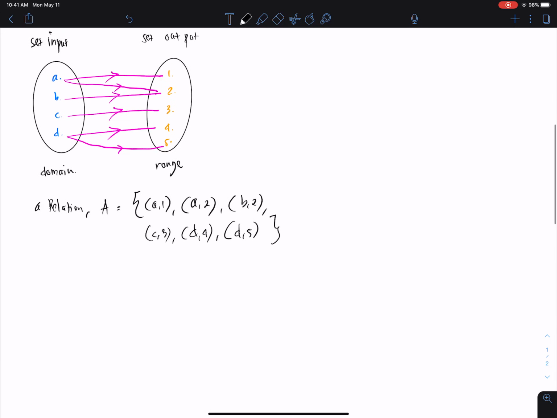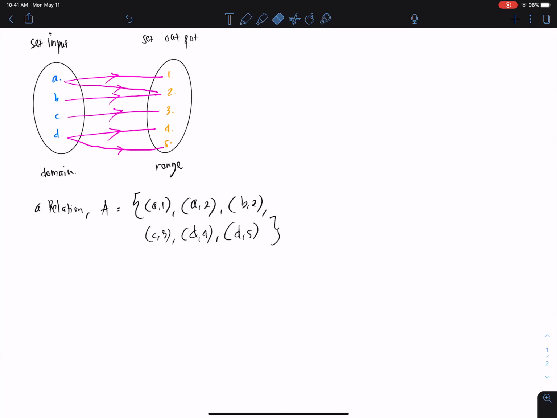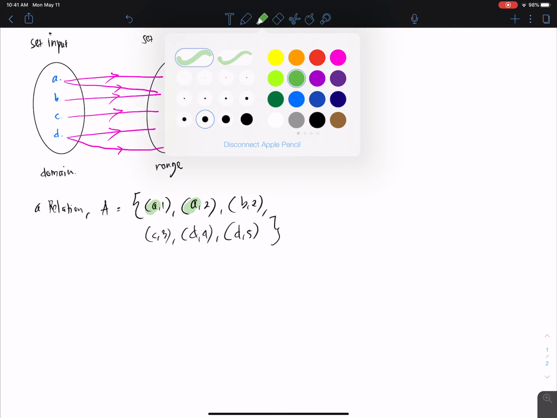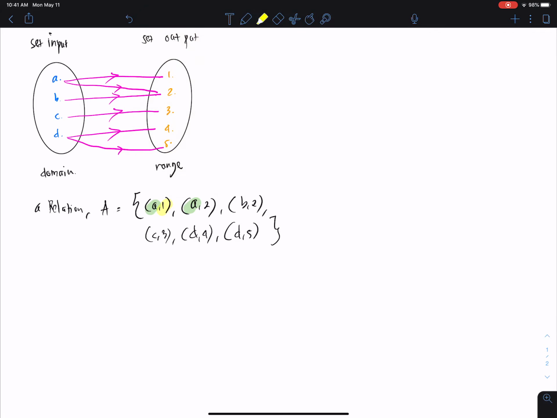While over here, for input A, there are two outputs. The first one is 1, and another one is 2. So this is already against the definition of a function.